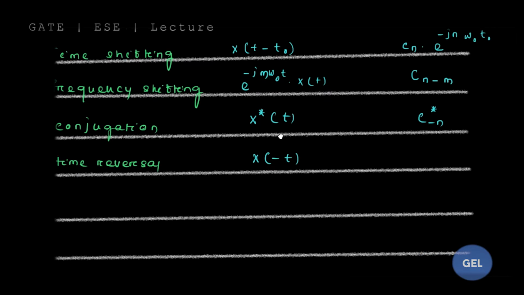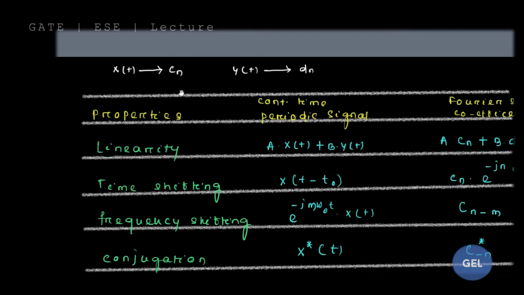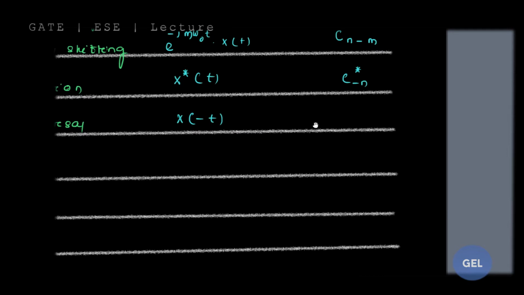If you are replacing x of t by x of minus t, then your subsequent cn will be replaced by c of minus n.